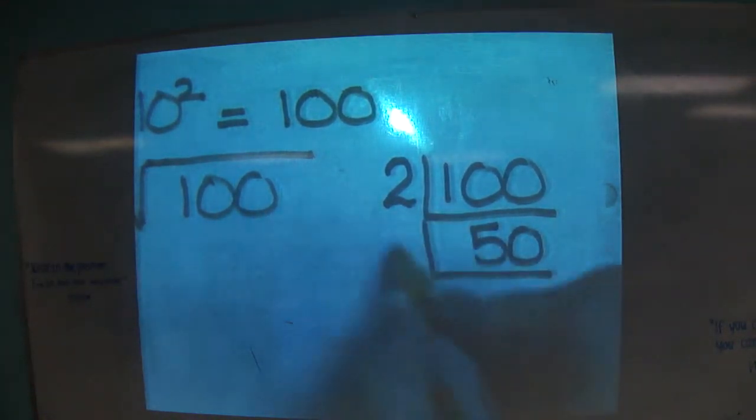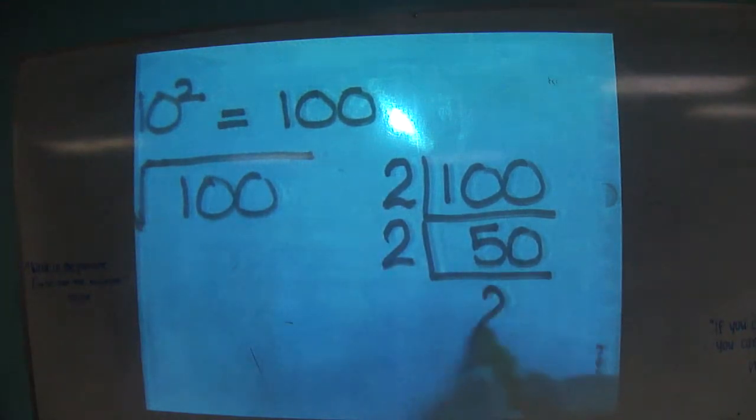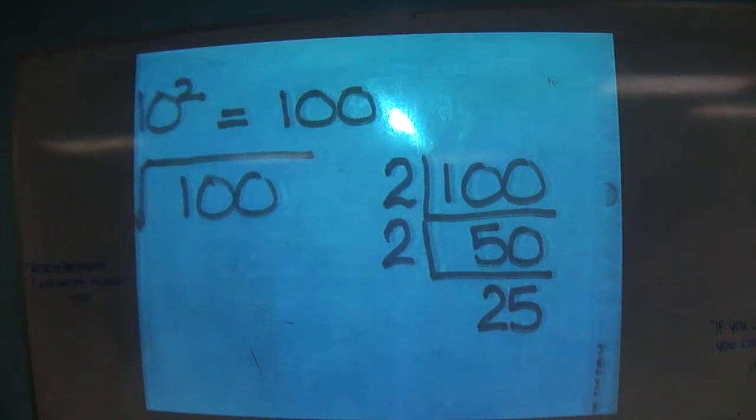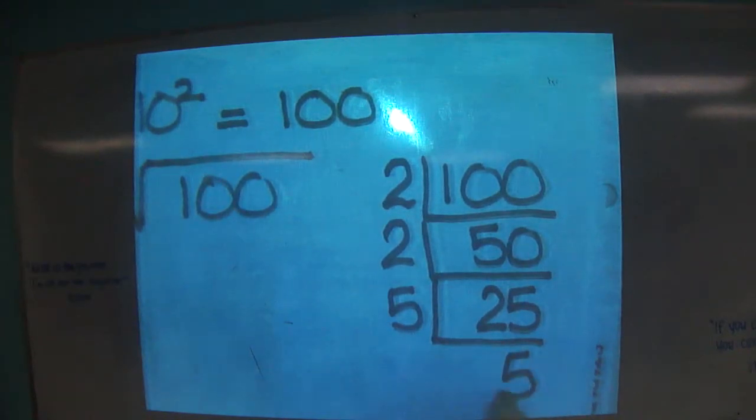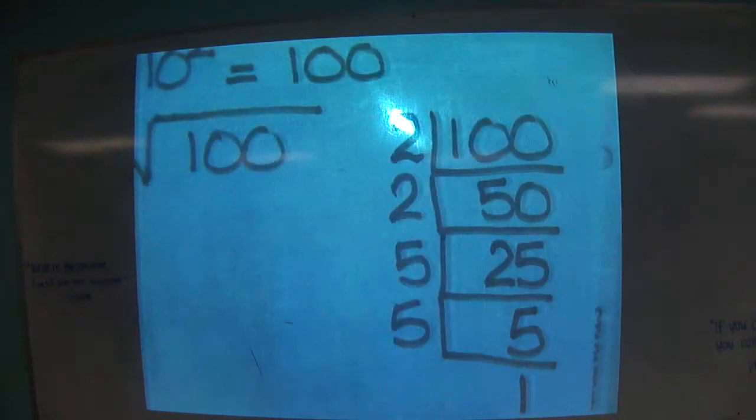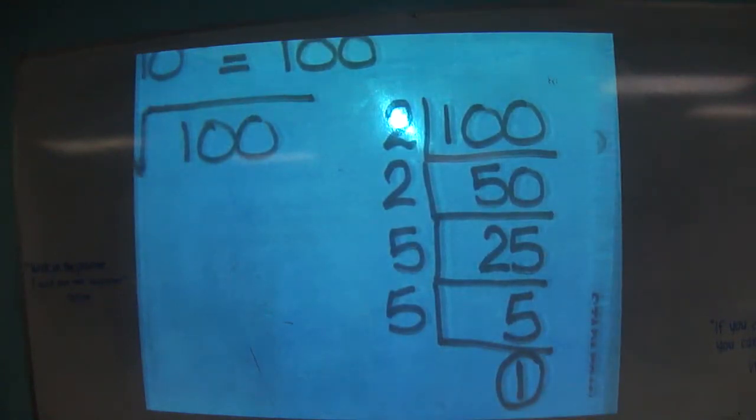Yes. 2 goes into it too, 25 times. 25's not even. What prime number goes into 25? 5. And it does that 5 times. Ooh, 5's prime. It goes in once. The minute you have a 1 down here, you have completely factored the number.